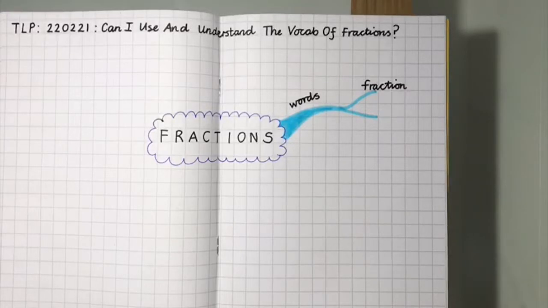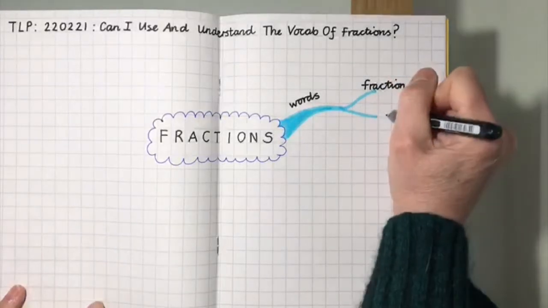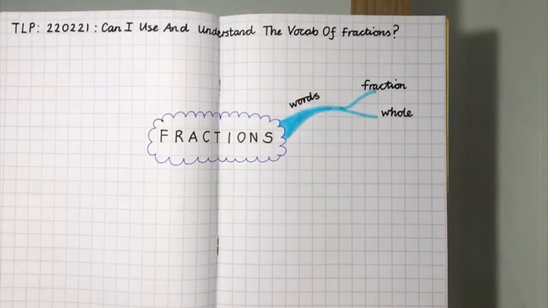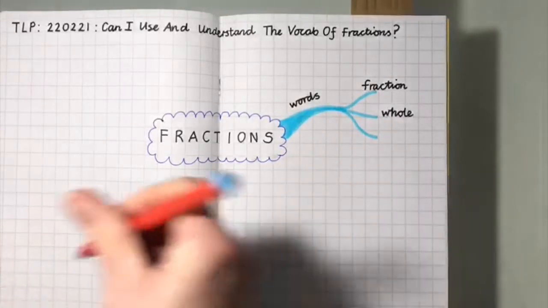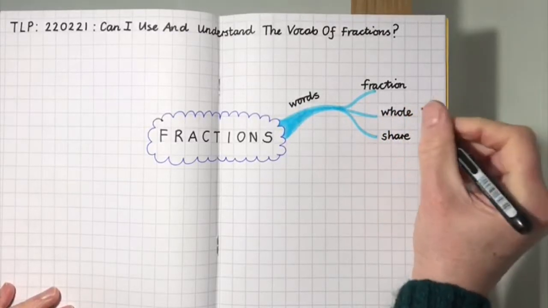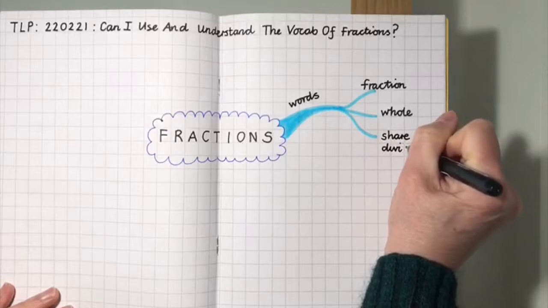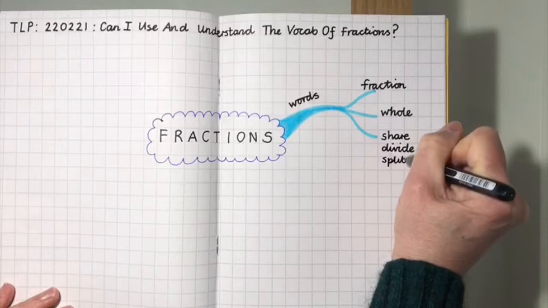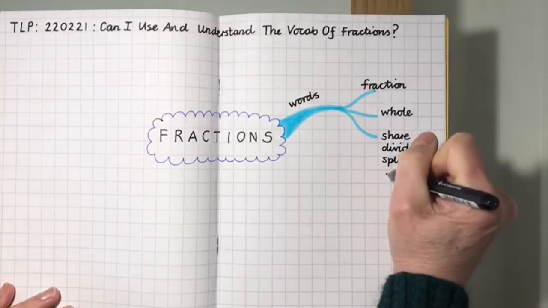And in maths we do mean a small bit of something or a part of something. But whatever we start off with, the something is called the whole thing. So you start off with a whole amount or shape or quantity, all of it, and then what you do with that whole is you share it, you divide it, or you split it equally.